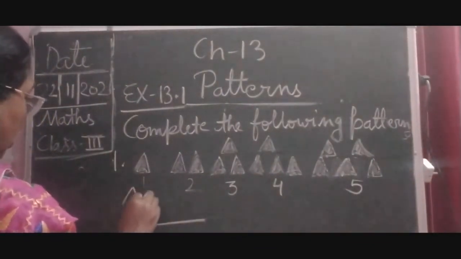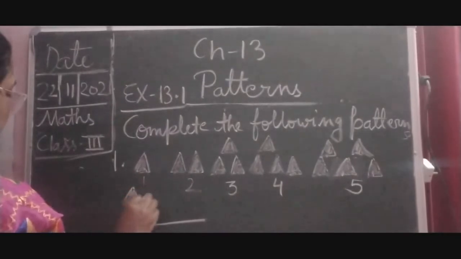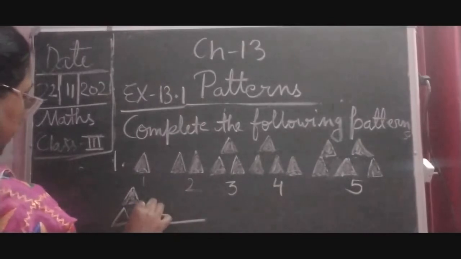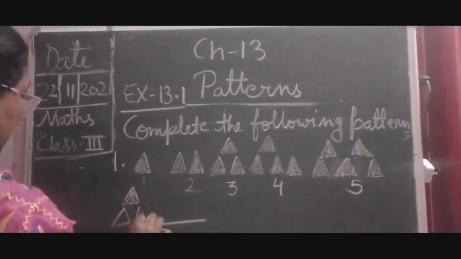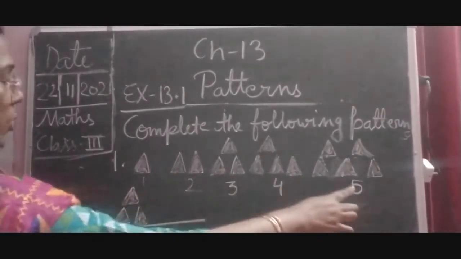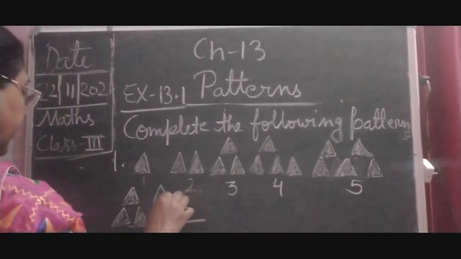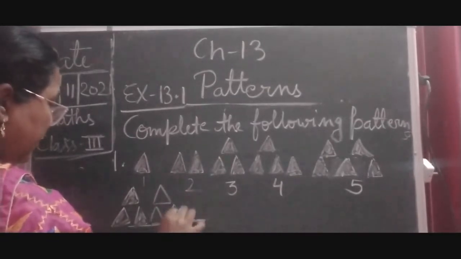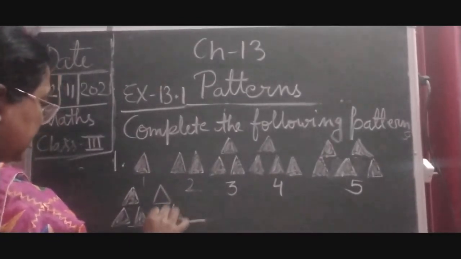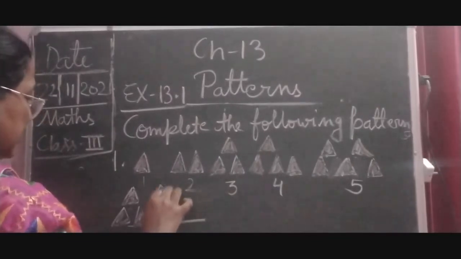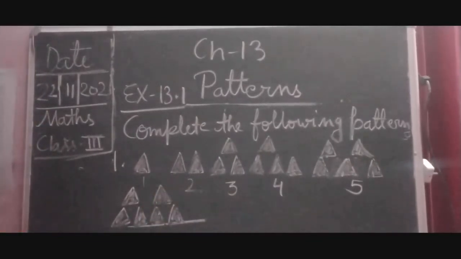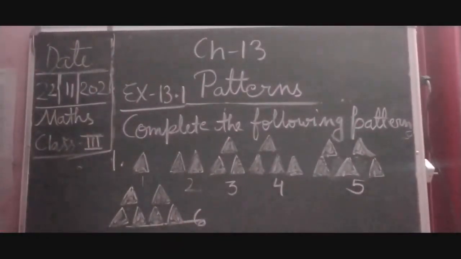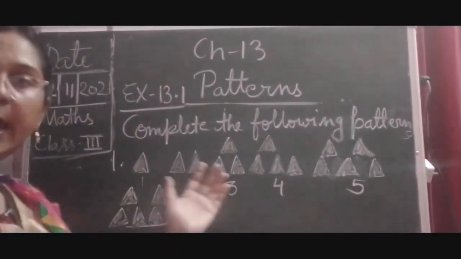So we just draw over here 1, okay, 2, 3, because 5 is there. So we are going to make a beautiful border, beautiful pattern that is the 6th. We are creating 6 triangles over here. So now it will become 6 triangles, but in a beautiful manner as it is set.